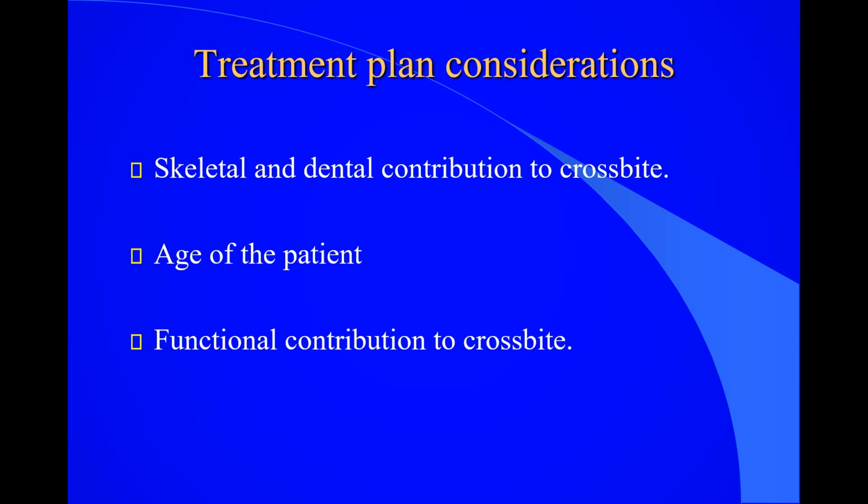So, when we consider the treatment plan, we take into consideration the skeletal and dental contribution to the crossbite, the age of the patient, and the functional contribution to the crossbite.